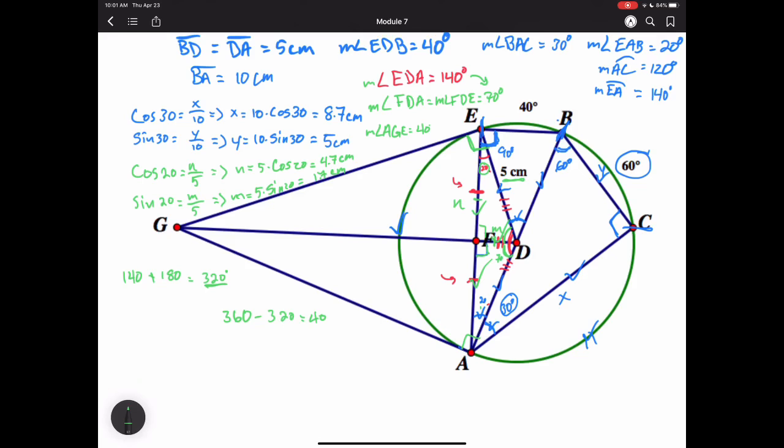Now, if segments GE and GA are congruent, that makes this an isosceles triangle, right? With point F being the midpoint between E and A, which means that this angle up here is bisected.